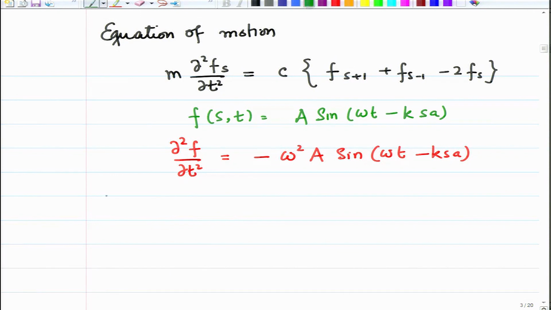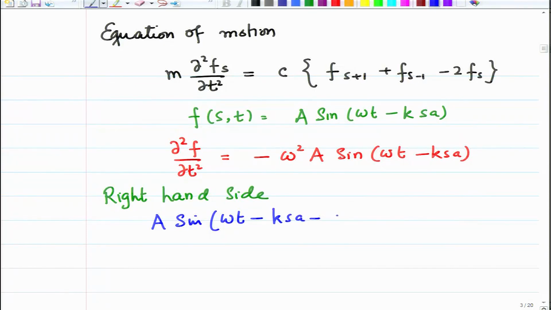The right hand side is going to be f s plus 1. So, that is going to be A sine of omega t minus k S A minus k A, plus f s minus 1.